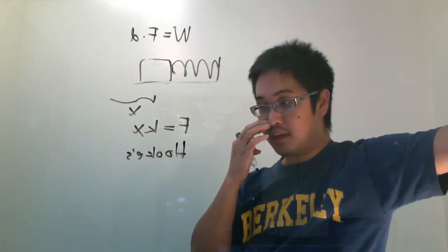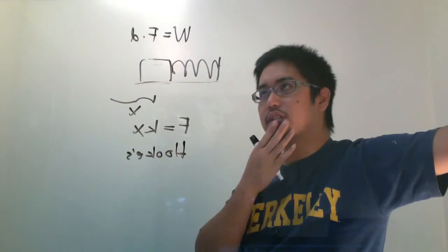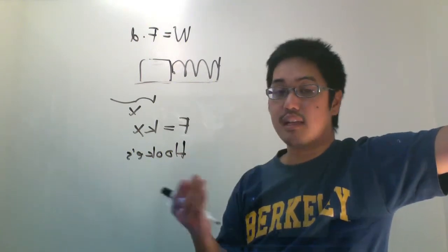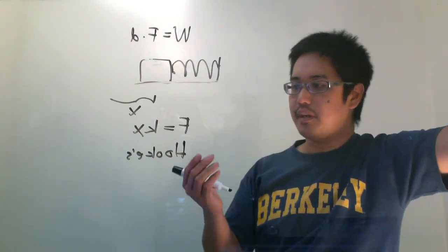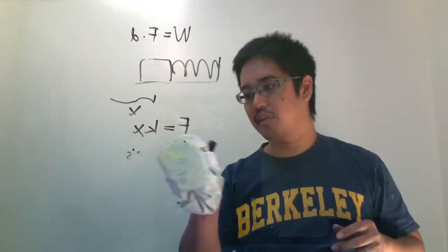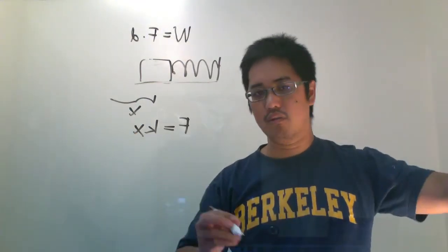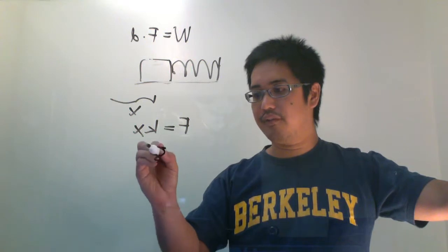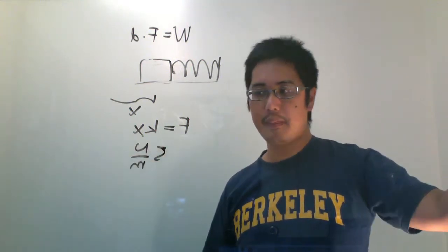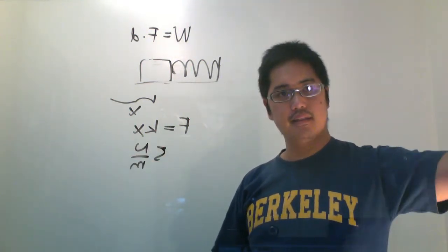It's not just a number, it's some kind of scaling factor, but it's measured in newtons per meter. So it would be like 5 newtons per meter. Does that make sense? Yeah.